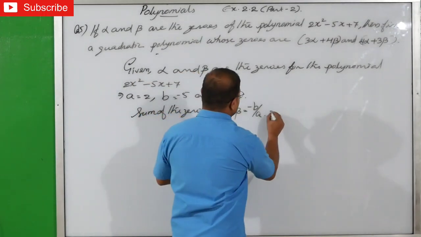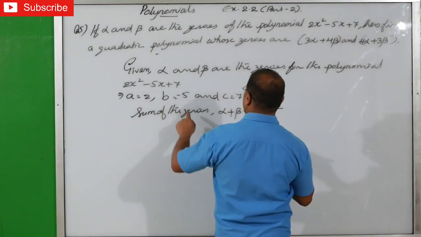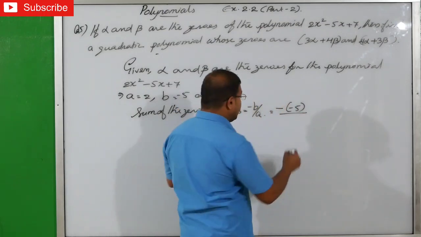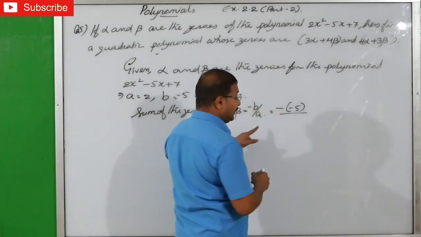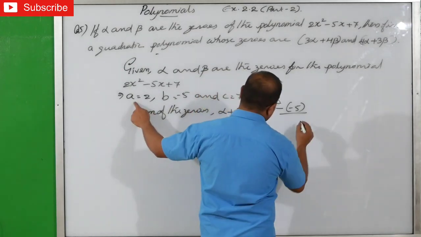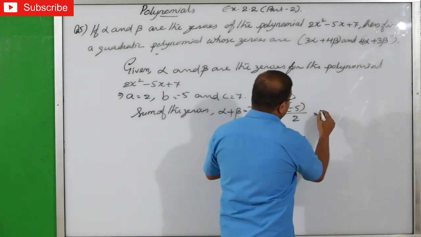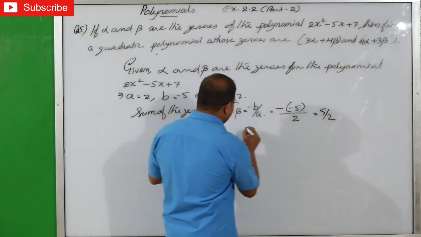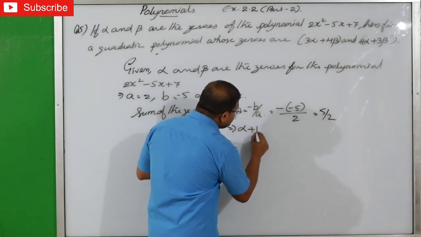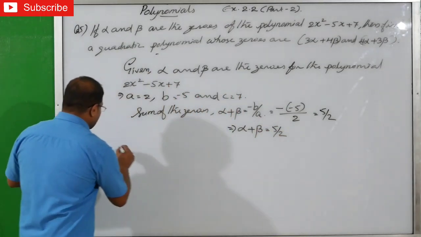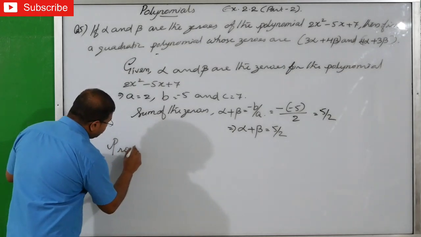This equals minus, what is the value of b? Minus 5, divided by a, which is 2, equals minus into minus plus, that means 5 by 2. That implies alpha plus beta equals 5 by 2, and product of the zeros.